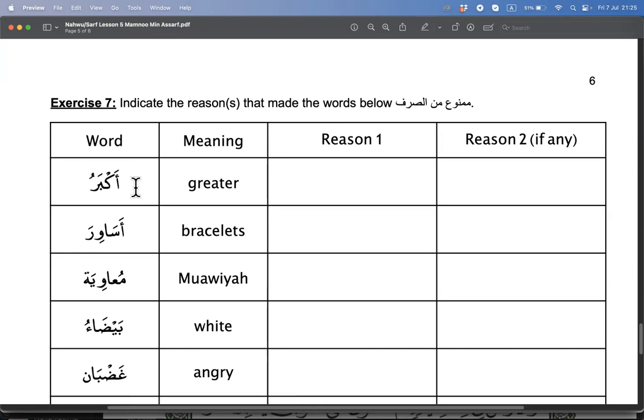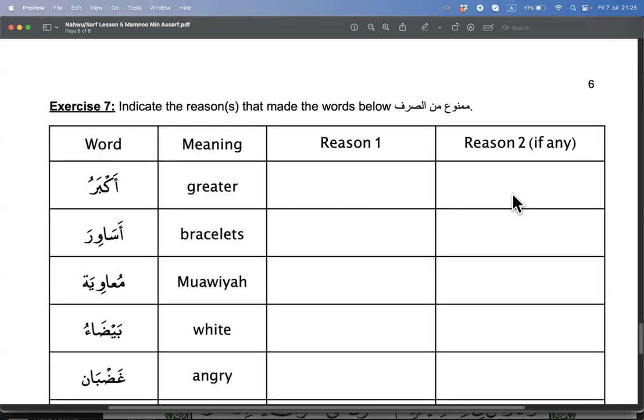One, because of the pattern of af'al. That's actually reason number two. What's reason number one? Is it a name or a description? Description. Exactly. So reason number one is it's a description. Reason number two is it's also in the pattern of af'al. Good.